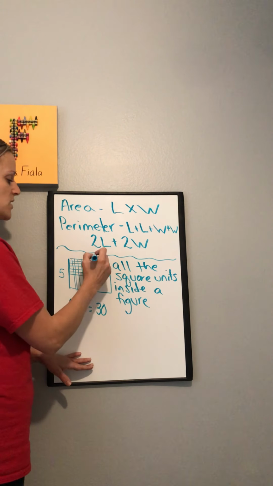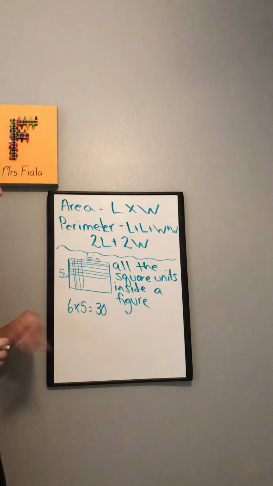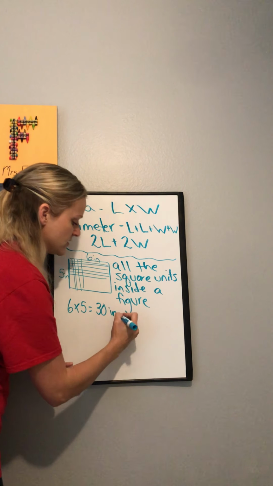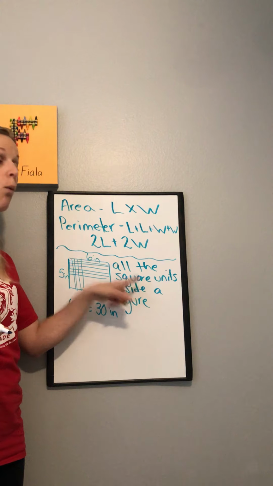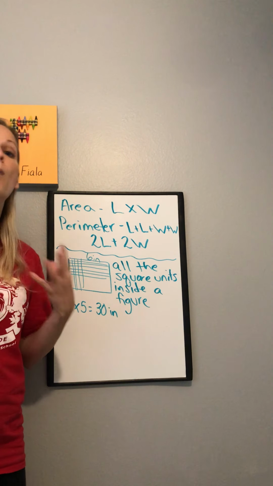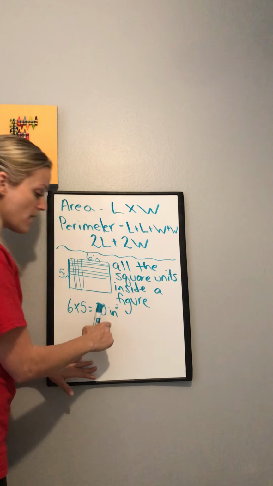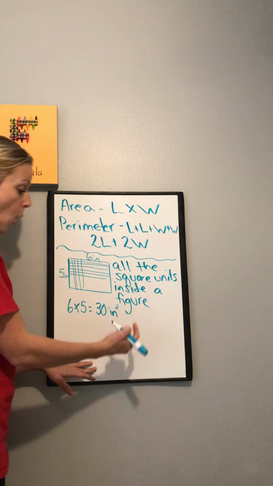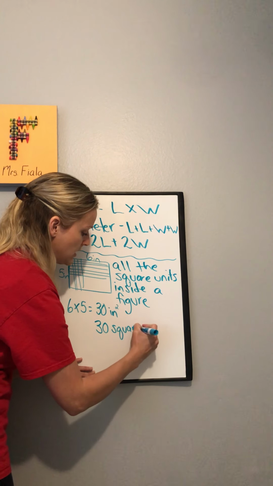Okay, and let's say this was inches. My answer is not just 30 inches, because we're talking about all the square units inside a figure. So you can write that as a little 2 above inches, or you can write it as 30 square inches.